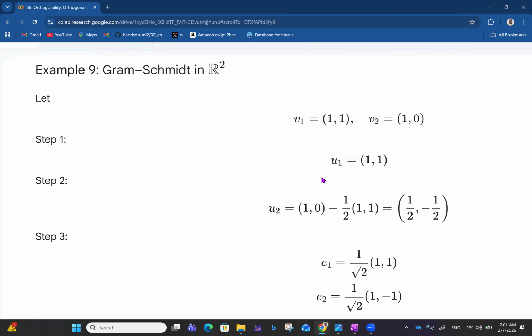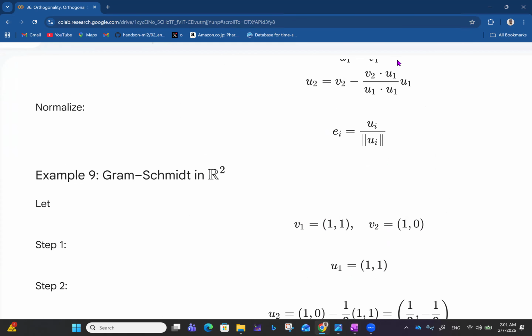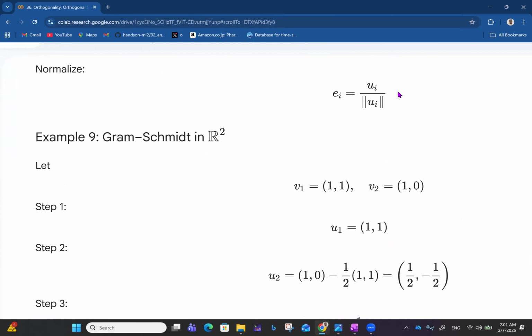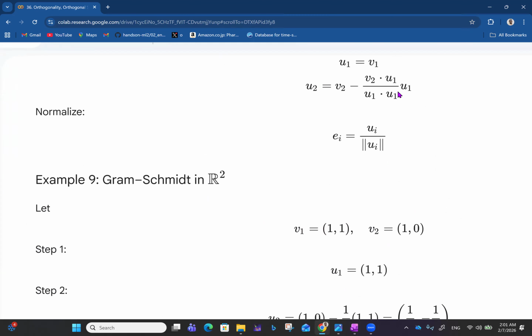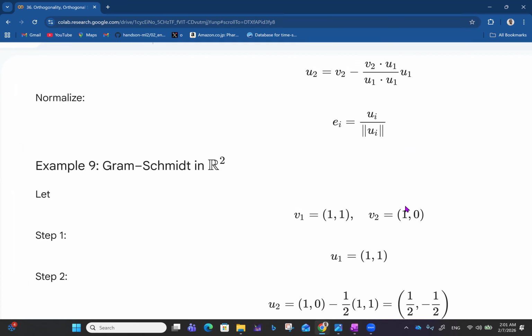So u2 now is going to be v2, this v2 here, minus v2 dot u1, all over u1 dot u1, into u1. So you see v2 dot u1: 1 times 1, 1, 1 times 0, 0. So at the top here, you have this one.